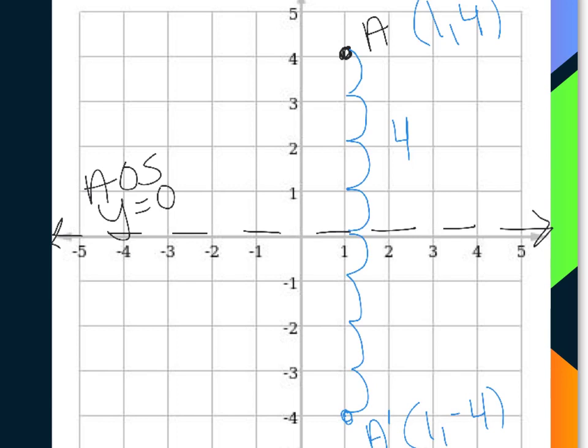Again, your axis of symmetry is the perpendicular bisector of the line segment joining A to A prime, right? So that's your pre-image coordinate to its corresponding image coordinate. In red, I'm drawing the line segment of what I'm talking about. Notice here, the point (1, 0) is the midpoint of A A prime. So A to your midpoint M is 4 units, and M to A prime is also 4 units.